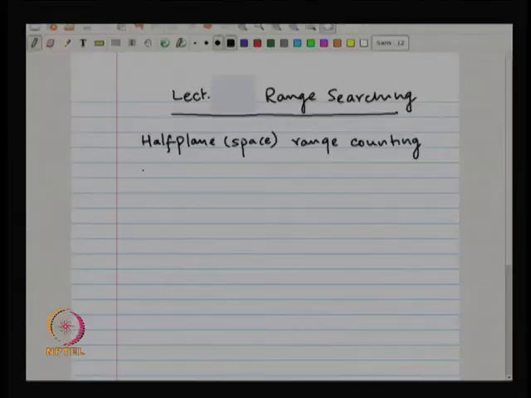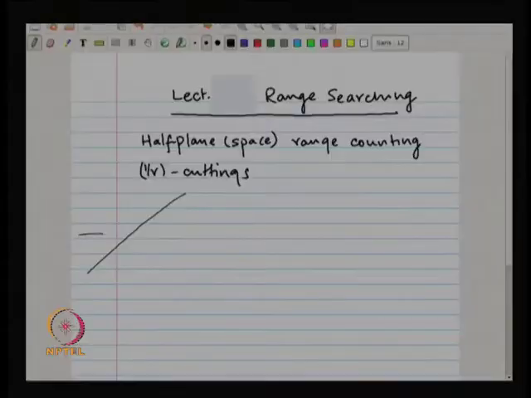So, half plane is called half space in high dimensions. The notion that I want to introduce today is called cuttings. I will describe it in 2D and then you can think about the same concept in high dimensions as well.